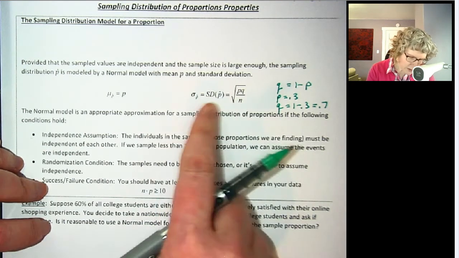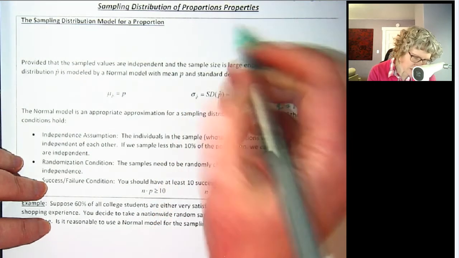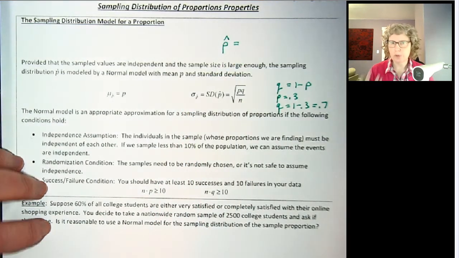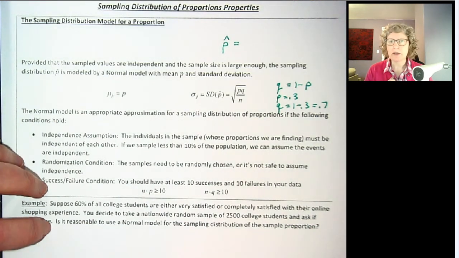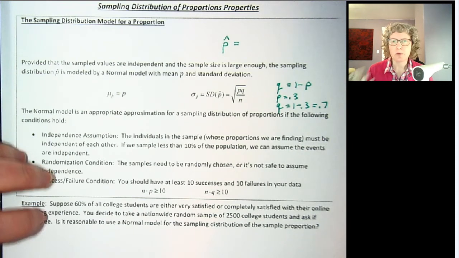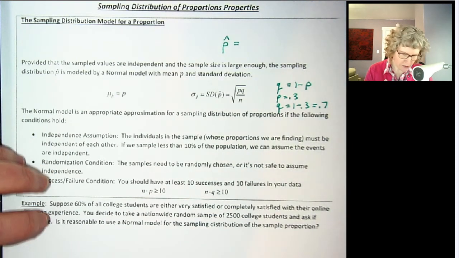Let's summarize this. We're taking our distribution of p hat, which, remember, is all the sample proportions, proportions calculated from a sample. You could think percentage; a proportion is the decimal version of a percentage.